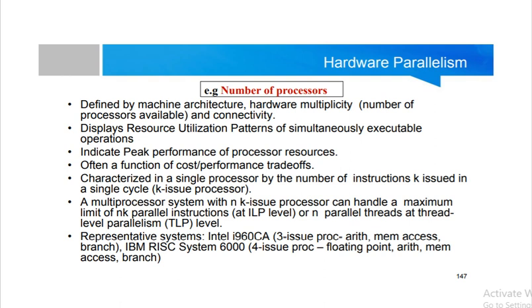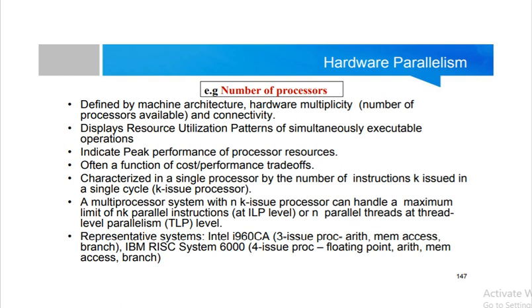So we can say that it is a three-issue processor. So what is a K-issue processor? That processor can do K instructions simultaneously in one clock cycle. That is called a K-issue processor.